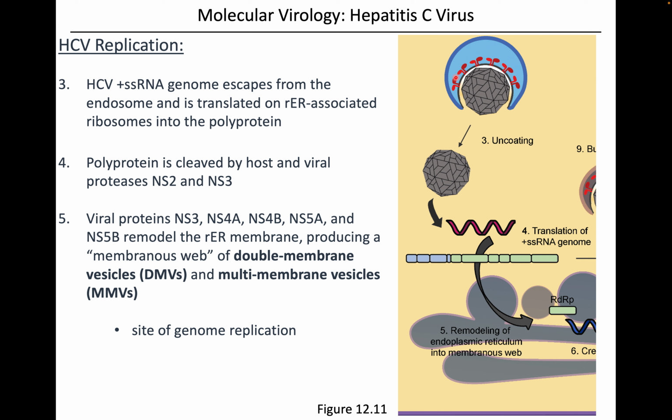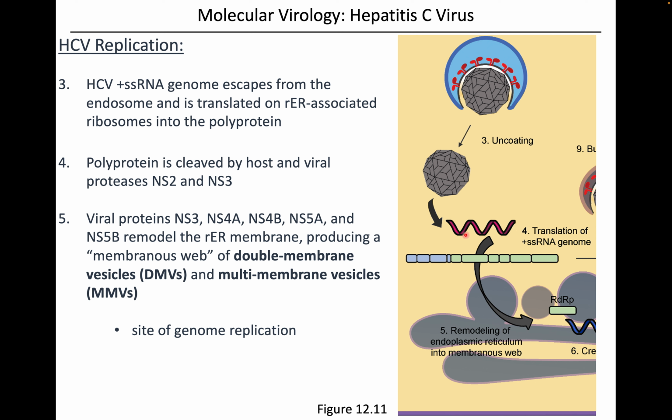Similarly, fusion with that endocytic vesicle is going to lead to the nucleocapsid getting out into the cytoplasm. And we think in this case the uncoating is happening here in the cytoplasm. And just as we talked about with hepatitis A, once that nucleic acid is out, it can be translated and copied. And we're basically ready to package things up and leave the cell.